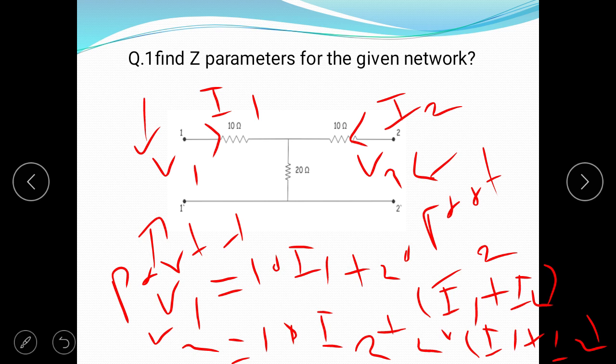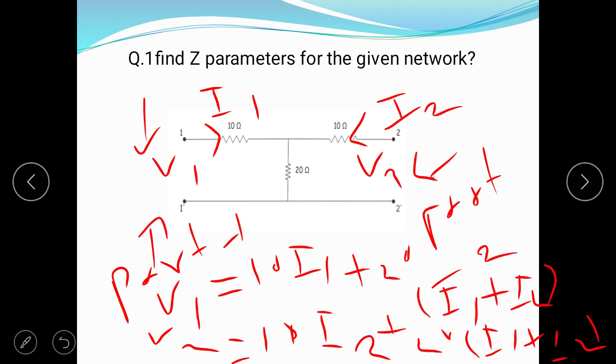When we simplify these equations, we obtain V1 is equal to 30 I1 plus 20 I2, and V2 is equal to 20 I1 plus 30 I2.